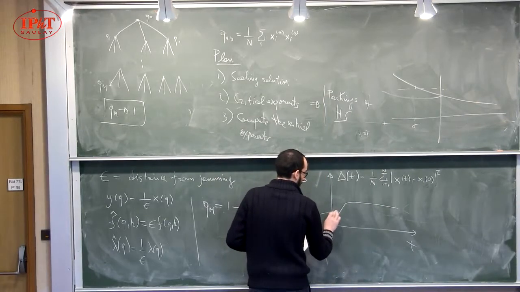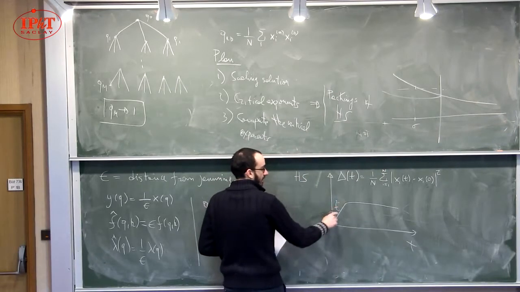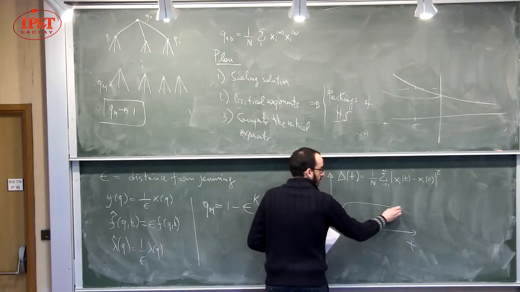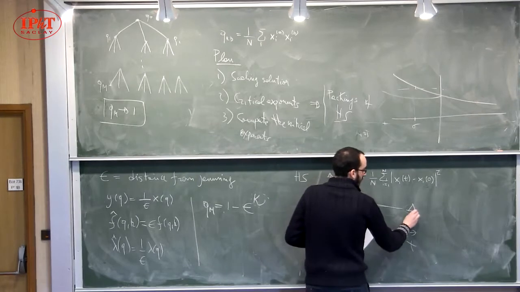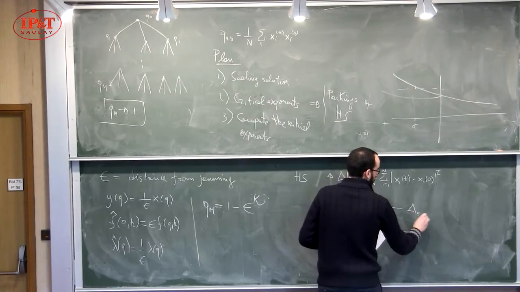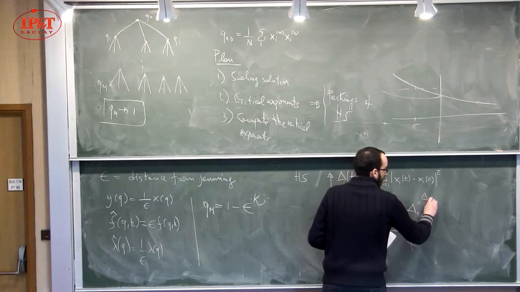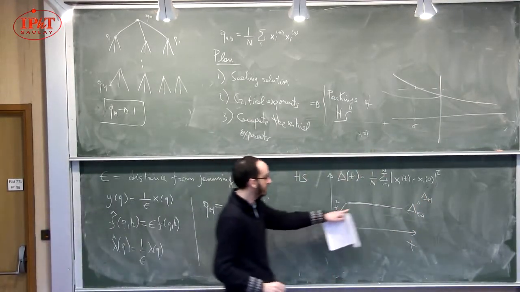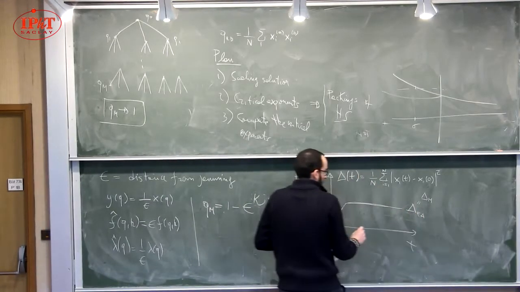So this part is a ballistic part. So delta increases in a ballistic way, and then it saturates to a plateau. We call this plateau delta E, but actually we could call also delta M. So what is this plateau? This is at finite pressure, right?